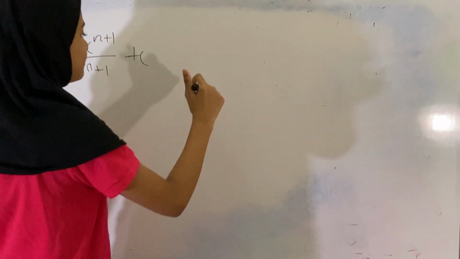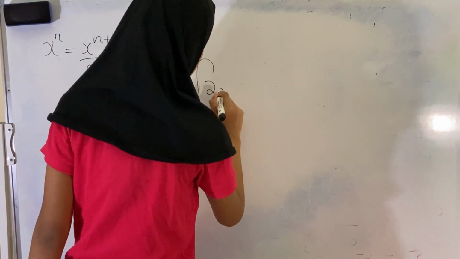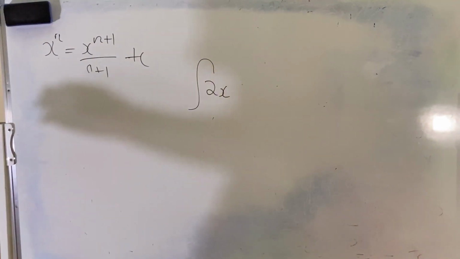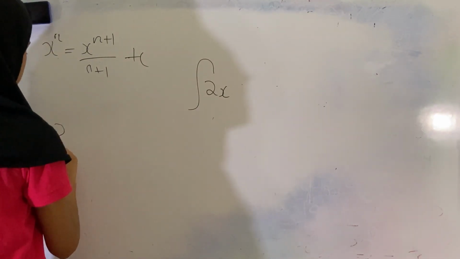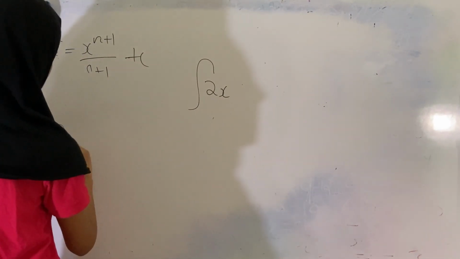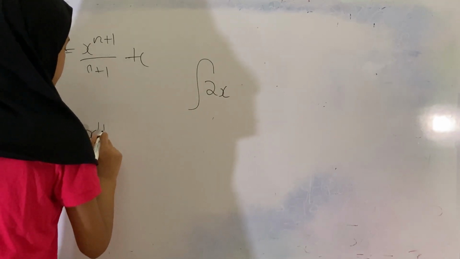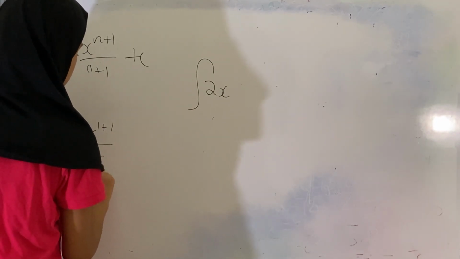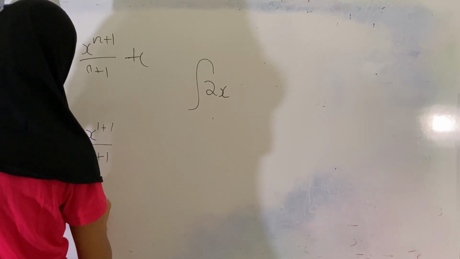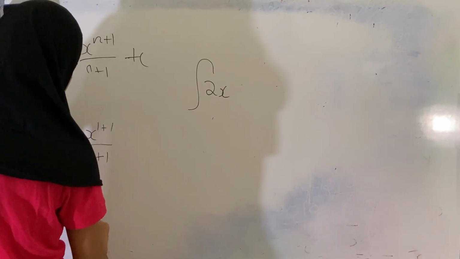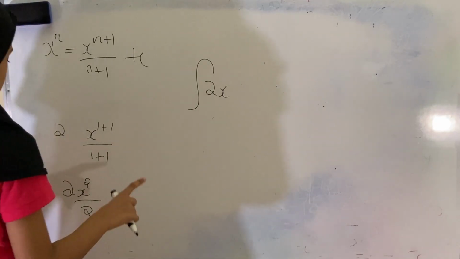And so, if the question is 2x, what's the answer? Here we have to use the same thing. So let's just put 2 right here and focus on x now. So x raised to 1 plus 1, by 1 plus 1, which is going to be 2x square by 2.